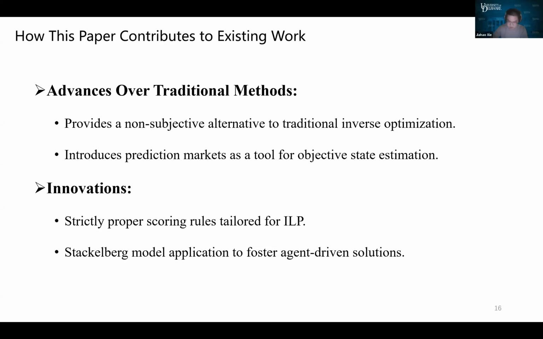Finally, the Stackelberg model that we use represents an innovation in how inverse optimization problems are structured, changing the control from the principal to the crowd. This change is significant because it democratizes the process and makes it more transparent and fair.